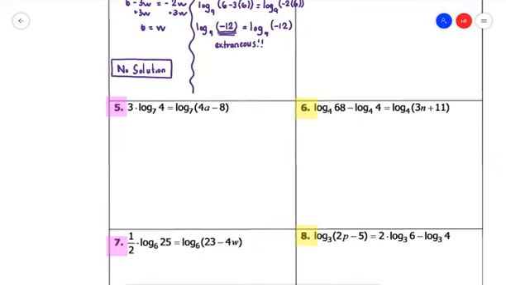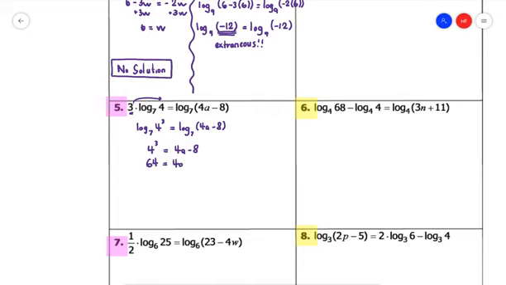Now number 5, we're going to make sure that we don't have anything to condense first, and then we will start to solve. So I see this 3 here that we're going to move into the power. So log base 7, 4 to the 3rd power equals log base 7, 4a minus 8. And their bases are the same, so I'm going to set 4 to the 3rd equal to 4a minus 8. 4 to the 3rd is 64.